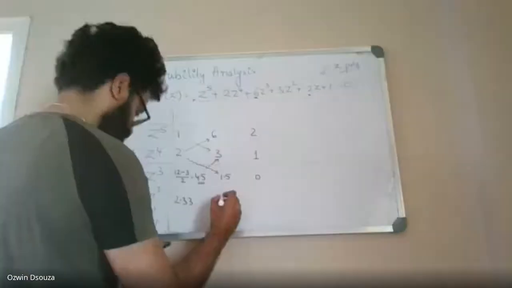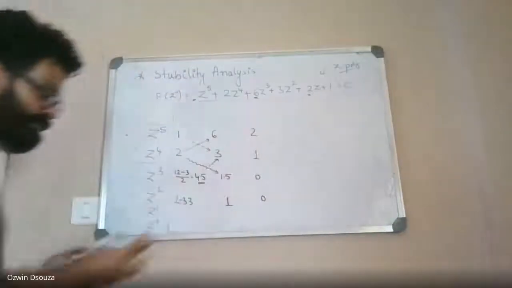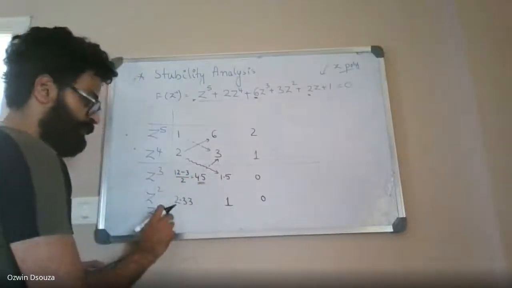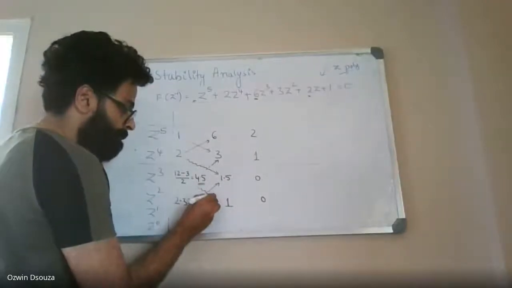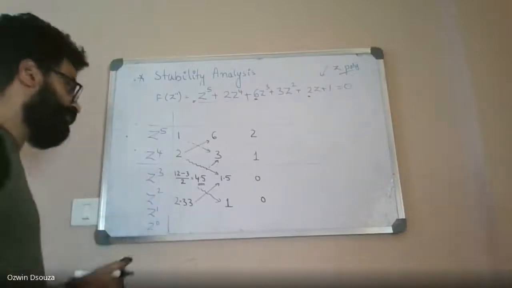And the next element becomes 1 if you cross check, and this becomes 0 because there are no coefficients. And later you have to find out the coefficient of z to the power 1, which can be done in this manner. 2.33 into 1.5 minus 4.5 divided by 2.33.